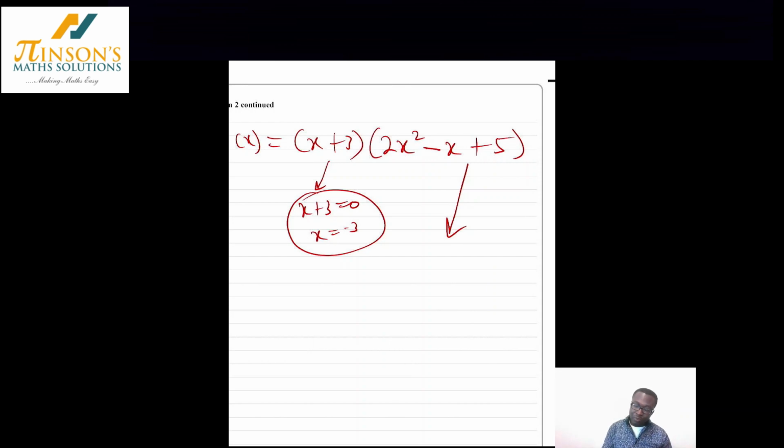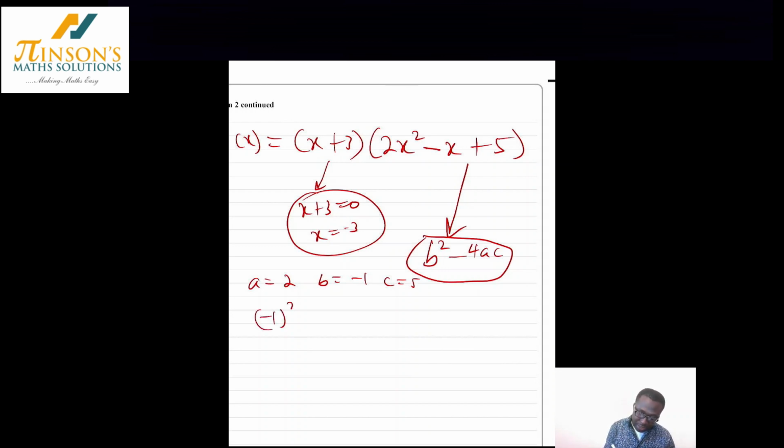So out of that, we need to use the discriminant, b squared minus 4ac. Okay, so out of that, we know a is 2, b is minus 1, c is 5. So we're going to substitute them into our discriminant. If we get a negative number, it means it has no root. Okay, so let's test that. So we get minus 1 in brackets squared minus 4 lots of 2 and 5.